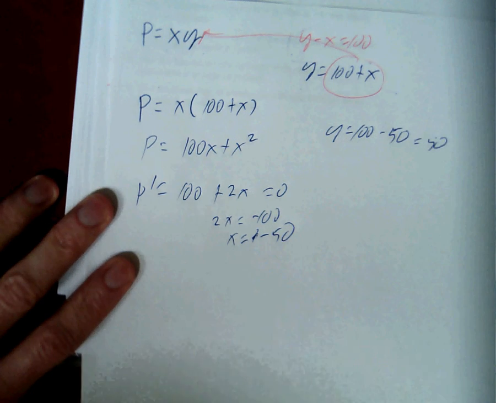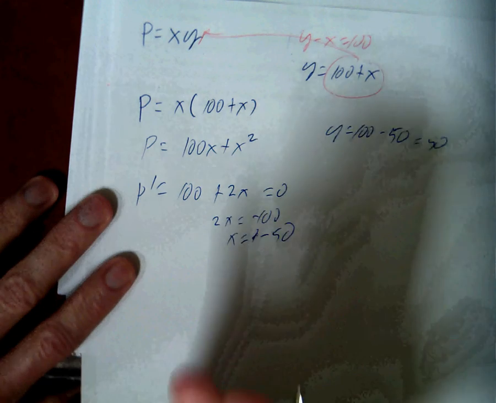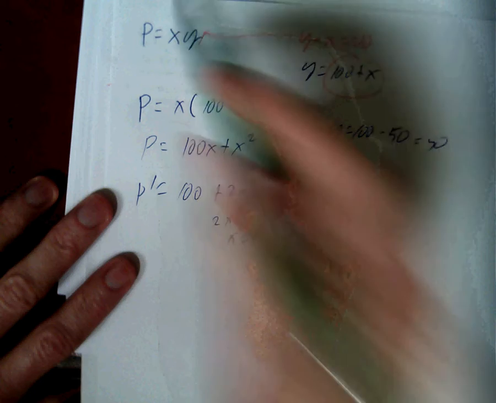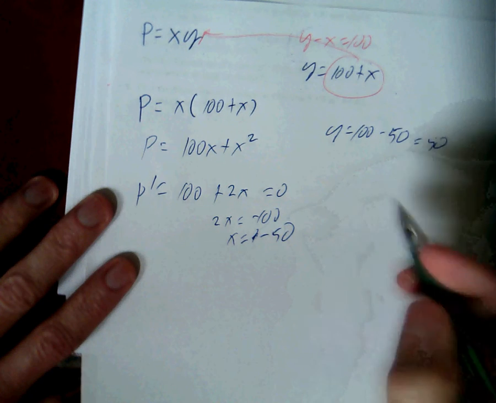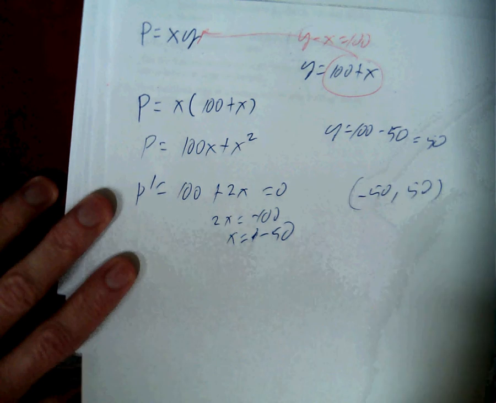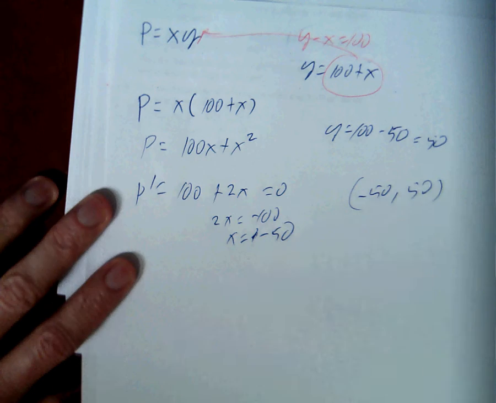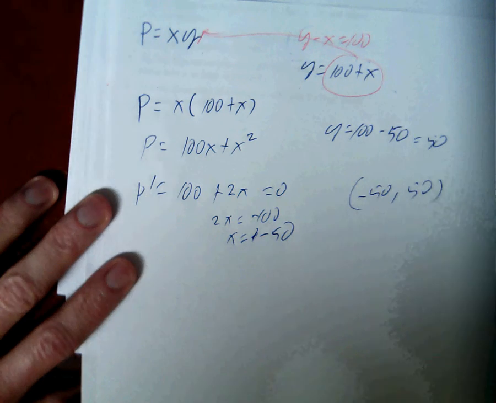And so I have now found two numbers that hopefully have a minimum. I found my critical value. And so the two numbers I'm interested in are negative 50 and 50. And if you think about it, if I multiply those two together, that's going to be a pretty negative number compared to everything else.